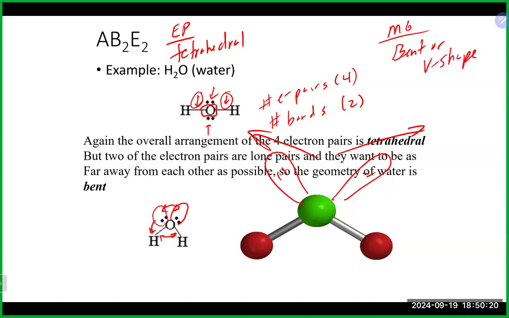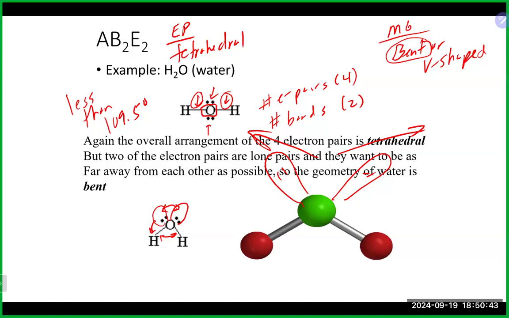And this is why for the previous one, we're not going to use bent, because bent actually has a bond angle of less than 109.5 degrees, about 104 in this particular case. And that's why angular has a bond angle closer to 120, a little less than 120. This one's really less than 109.5.